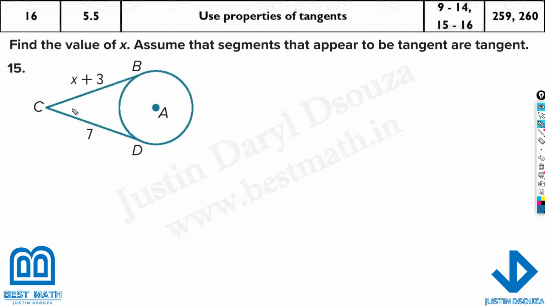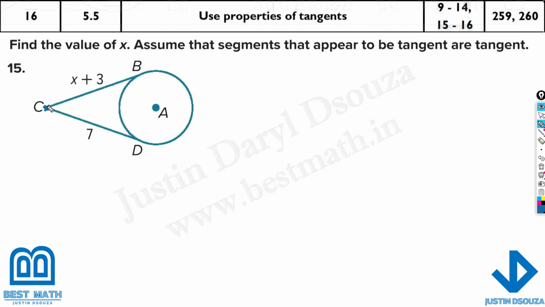It's about tangents itself, but you can see both these tangents of the circle A have the same exterior point C. That means this tangent and this tangent are going to be equal. So now CB and CD are equal. You don't need to write everything.